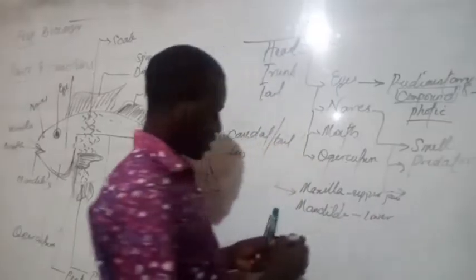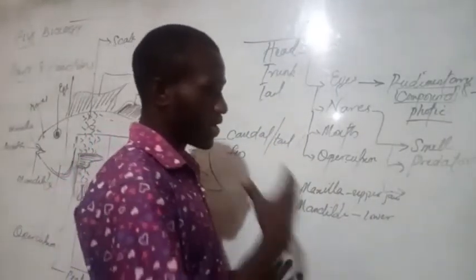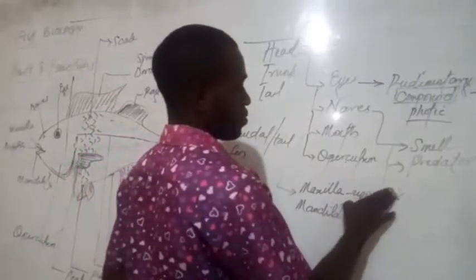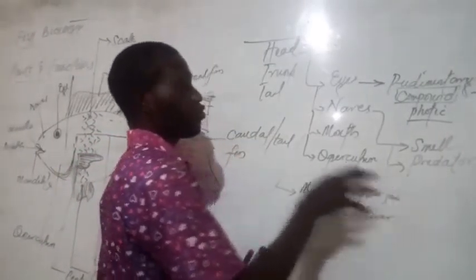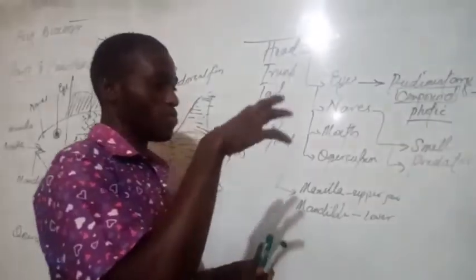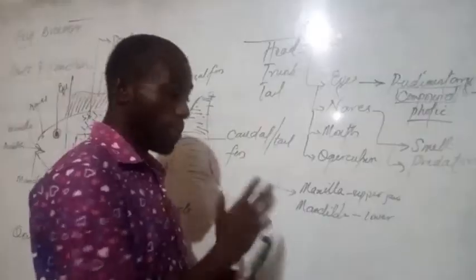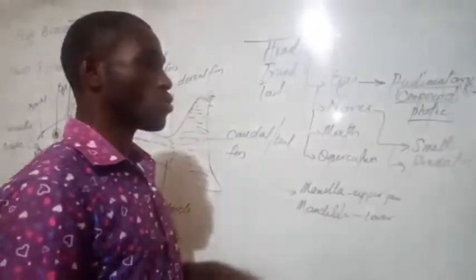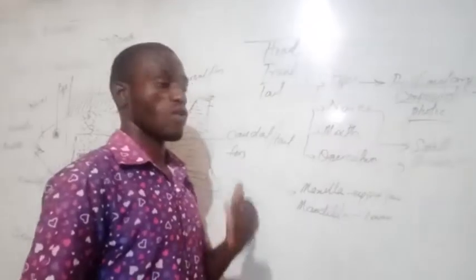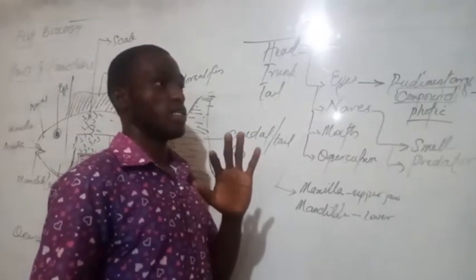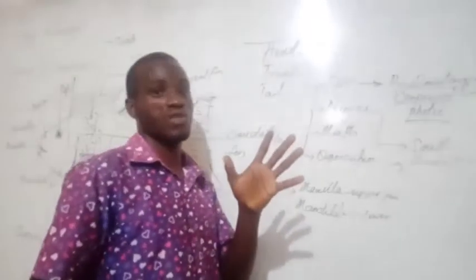Now these jaws are lined with teeth, well placed depending on the species of the fish as well. So those teeth conform to the adaptation of the fish.